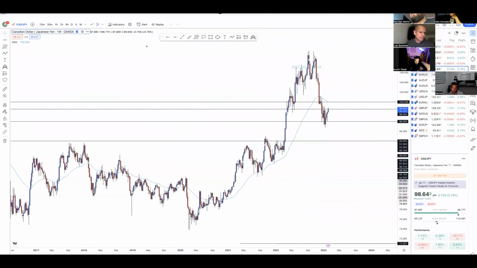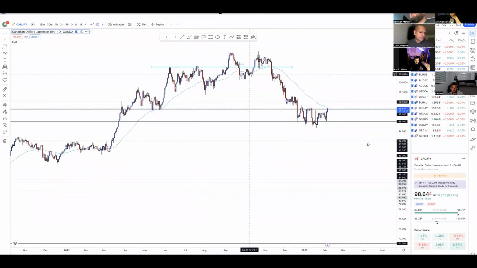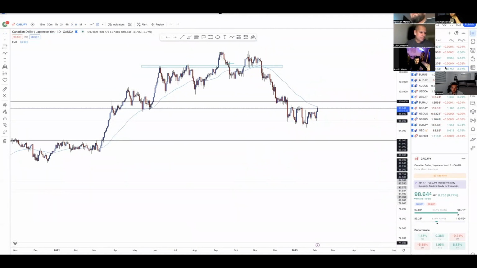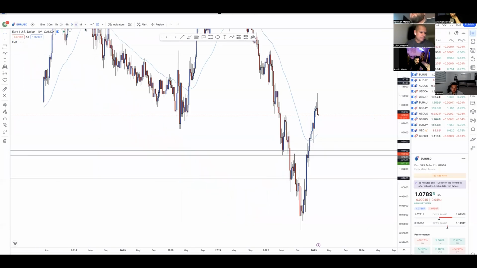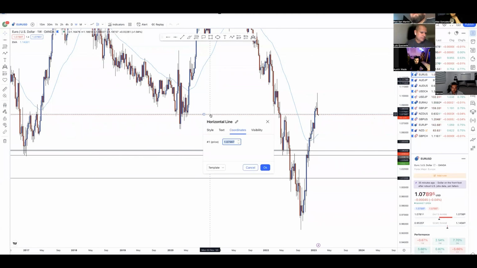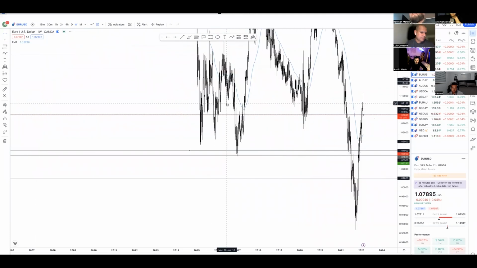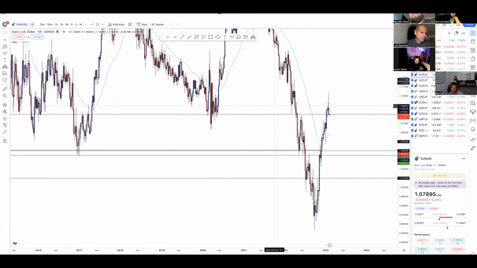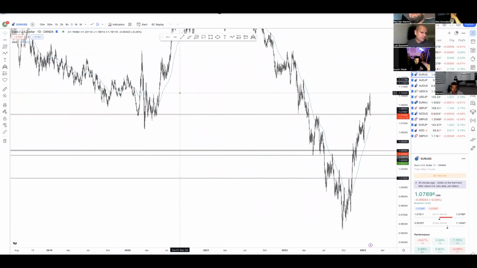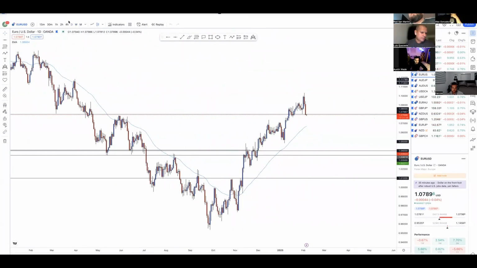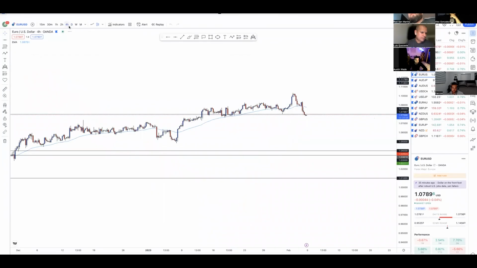CAD JPY, I'm good. Euro USD. Hmm. I mean, we are pulling up to a nice zone.